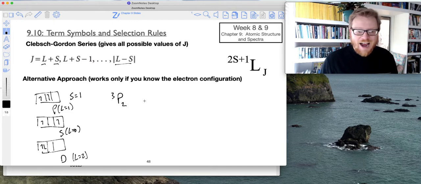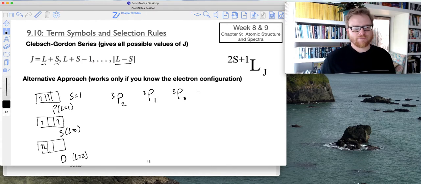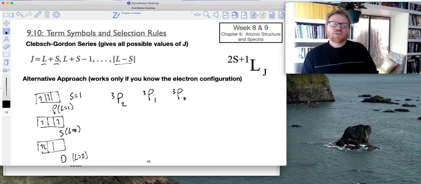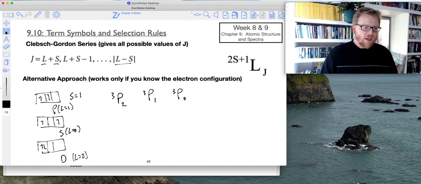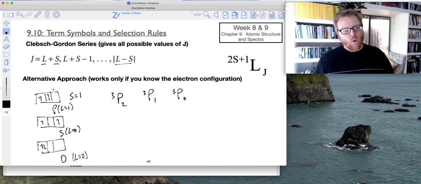However, I could also have a triplet P1 and a triplet P0. And as it turns out in spectroscopy, the 2, 1, and the 0 state for that don't really matter all that much because we don't have any spin-orbit coupling, spin-orbit splitting to deal with over here, okay?